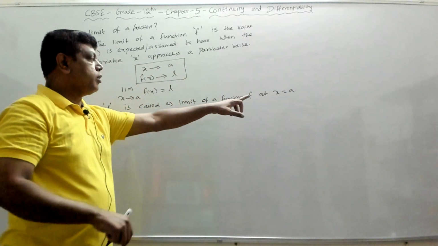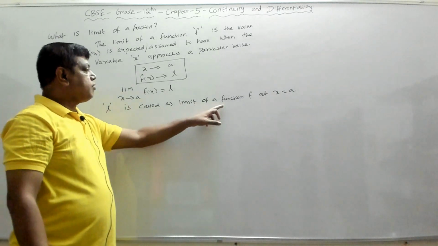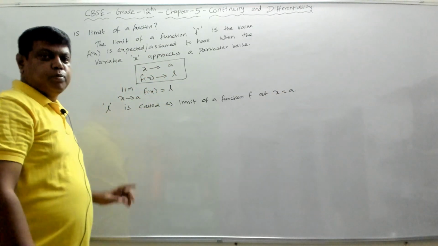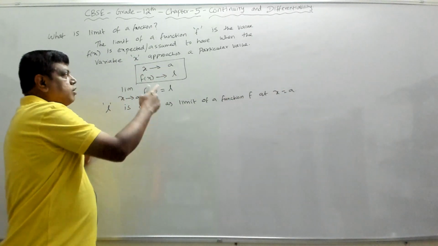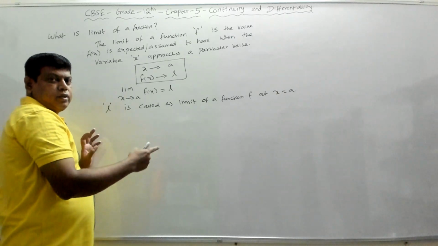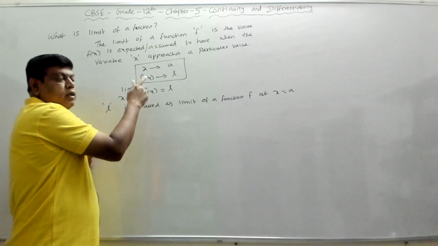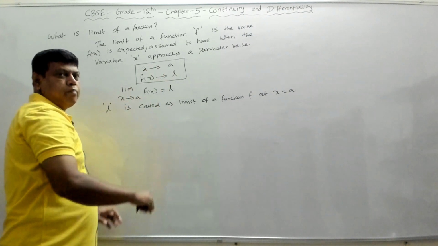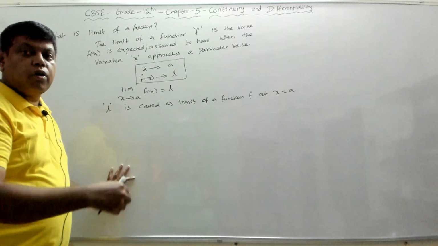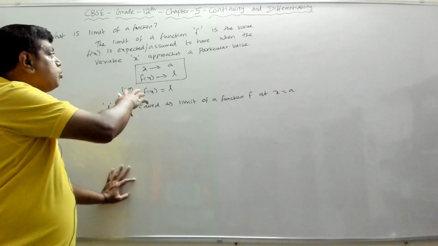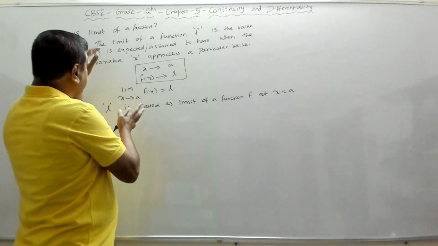At the point x equal to a, the value L is called the limit of the function, which means when x approaches a, f of x approaches L. In symbols, we write limit as x goes to a of f of x equal to L. This definition may be a little confusing or not clear, but we will see some examples and you will be able to understand the concept of limit fully.